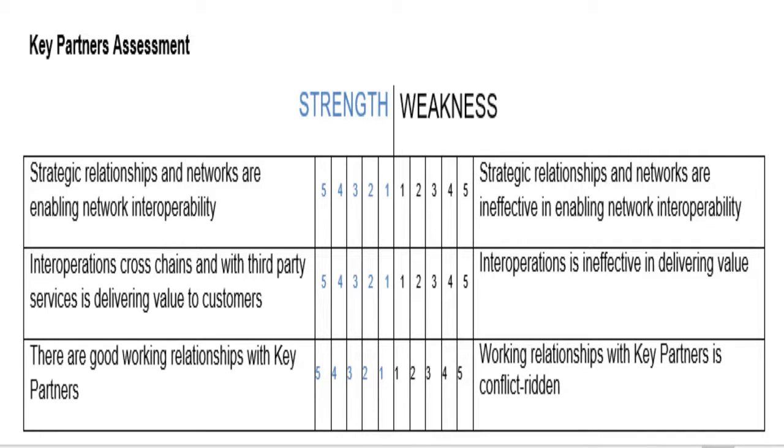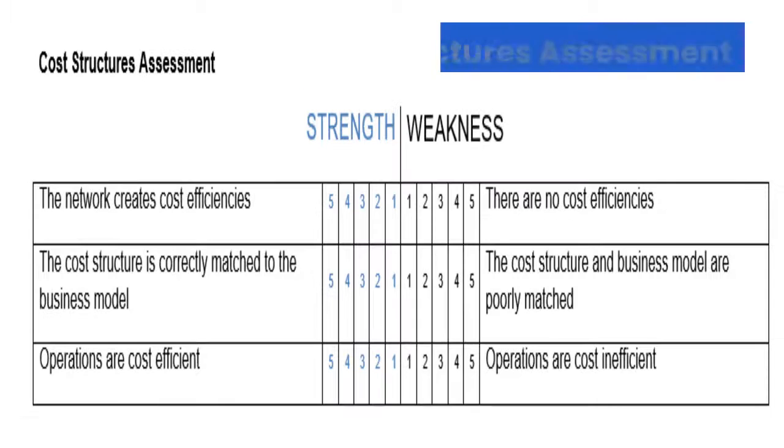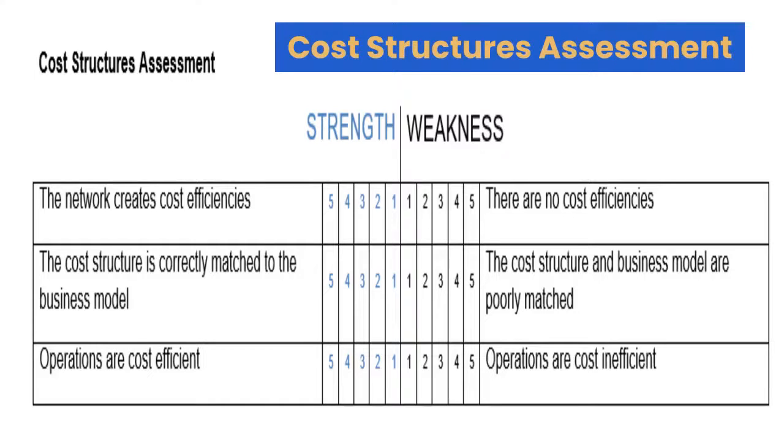Interoperation across chains and with third-party services is delivering value to customers versus interoperation is ineffective in delivering value. There are good working relationships with key partners versus working relationships with key partners are conflict-ridden.